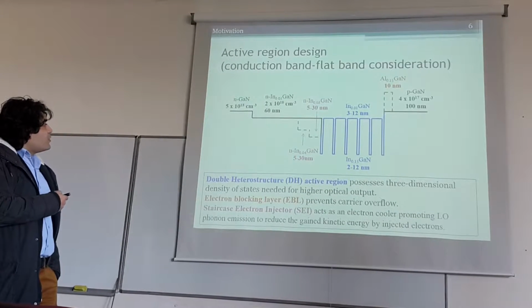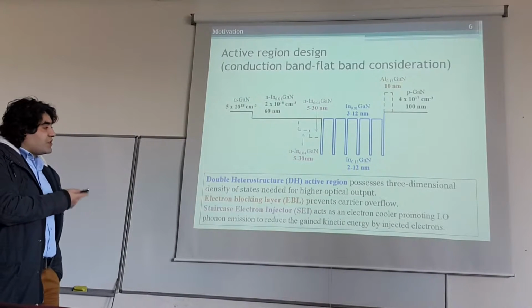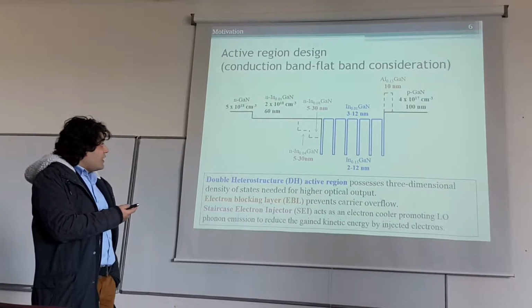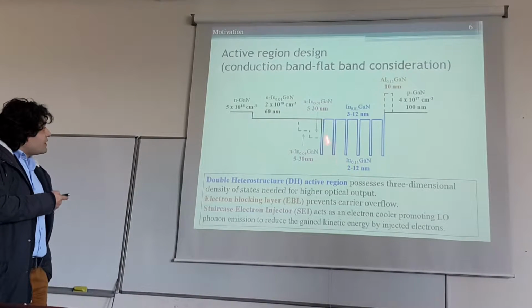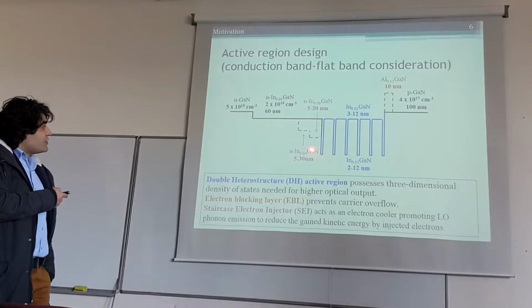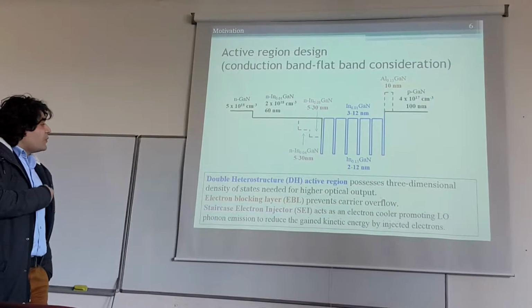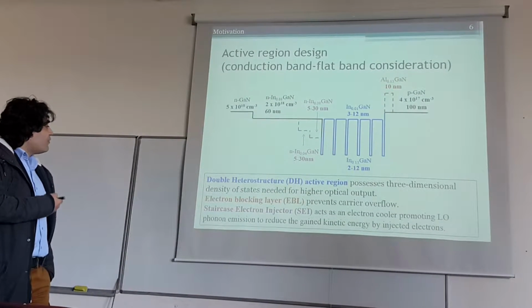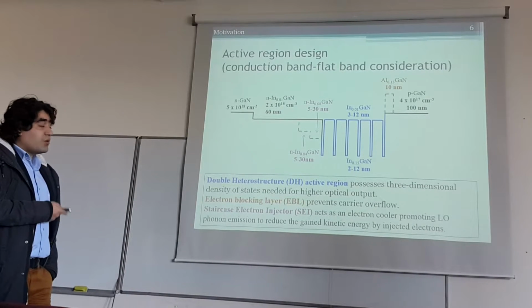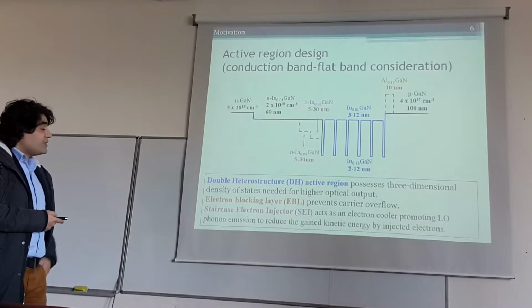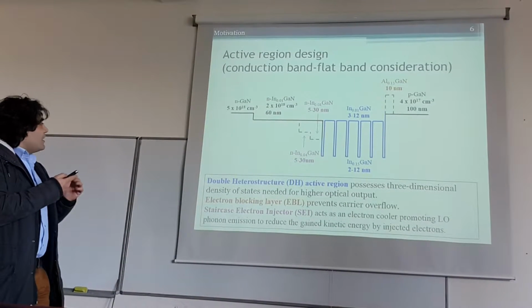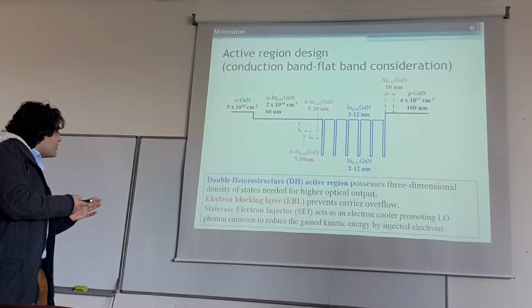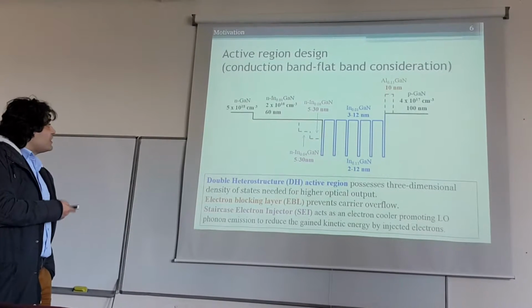As I told you, these injected carriers have high kinetic energy. When we decrease this indium composition in graded levels, we will promote LO, longitudinal optical, phonon emission, so we can cool down the gained kinetic energy of these injected carriers.